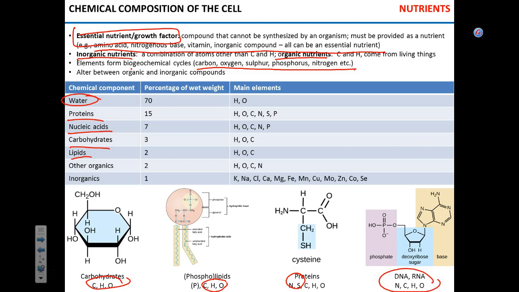When you burn wood, is that organic? Yeah, wood is organic. But when you burn that organic carbon, you release CO2, which is inorganic now. Does that make sense? So when you have proteins, or say you have urea in the urine, which is nitrogen inside of an organic compound, urea gets metabolized by bacteria and ammonia is released.